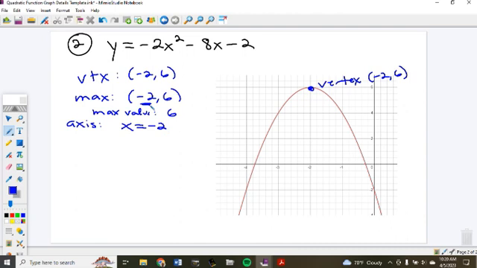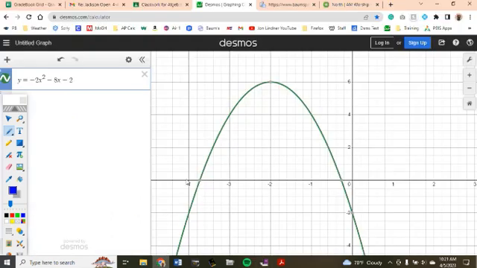And then we can go to Desmos and find our x and y intercepts. Our x-intercepts happen here and here, and our y-intercept happens down there. We can see that one's negative 2. And for our x-intercepts, we have to click on those dots on Desmos.